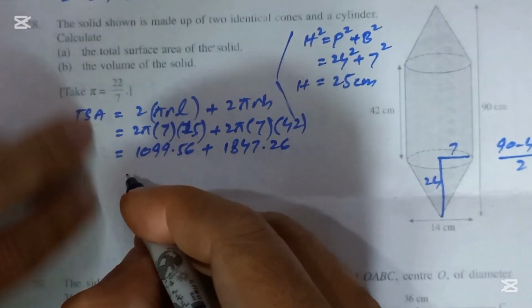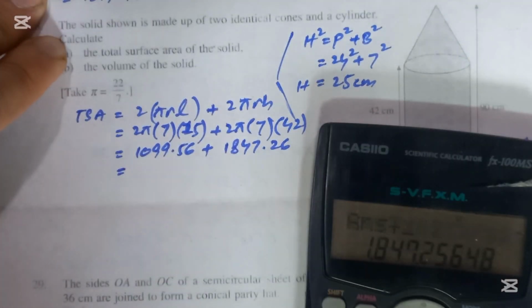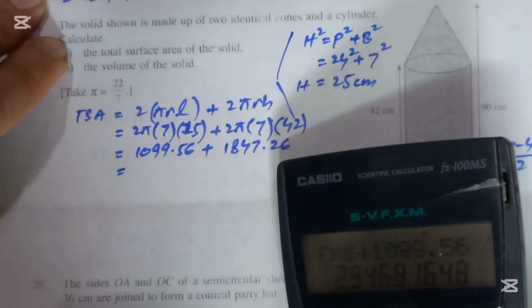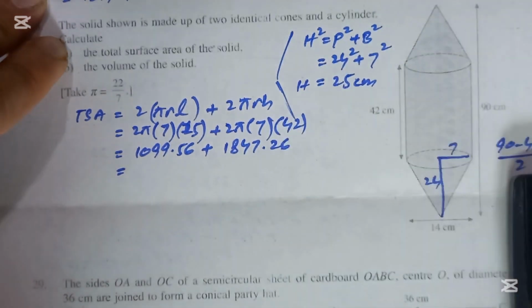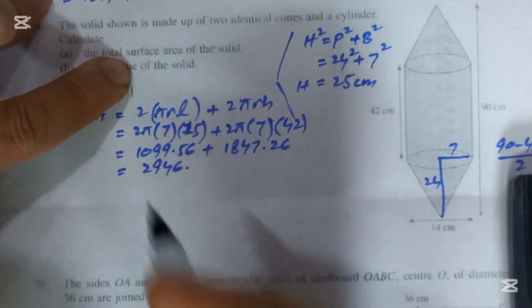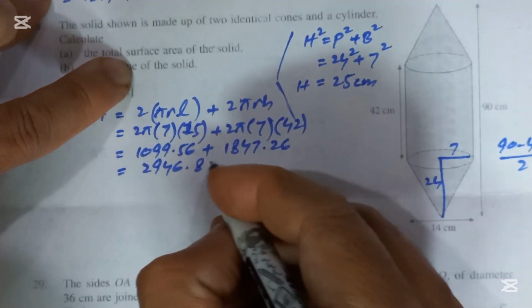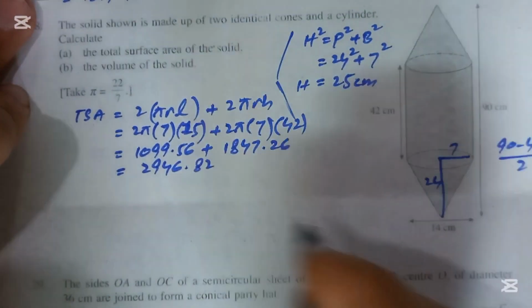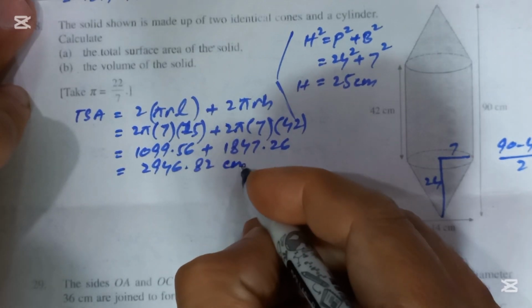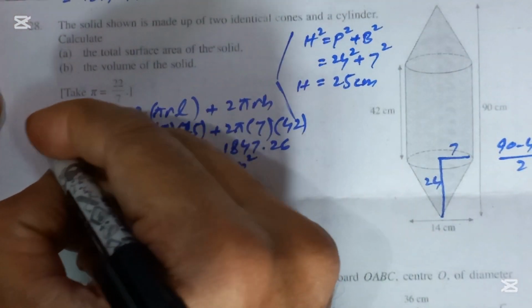Now add these two values, plus 1099.56, which is equal to 2946.82. This is the total surface area. Formula unit will be centimeter square. This is the A part of the question.